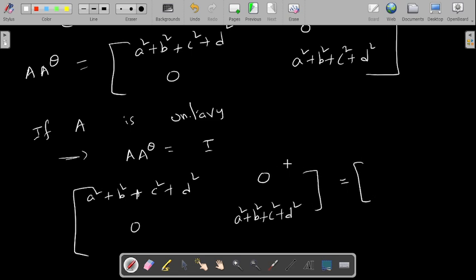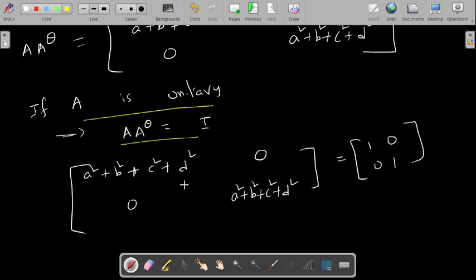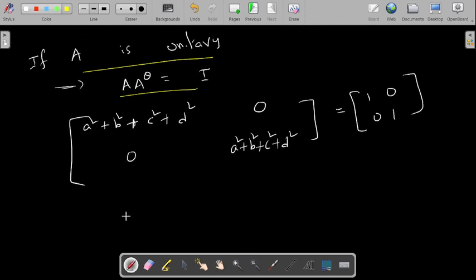This value will be I, meaning 1 0 0 1. So now here A is unitary, which implies A into A power theta equals identity. So these two matrices are equal when A square plus B square plus C square plus D square equals 1.